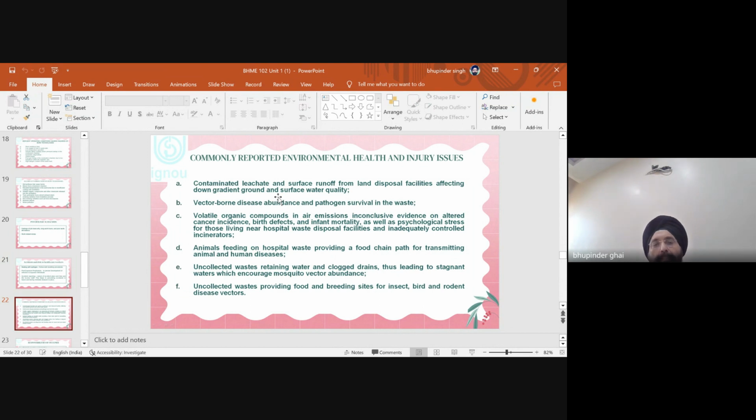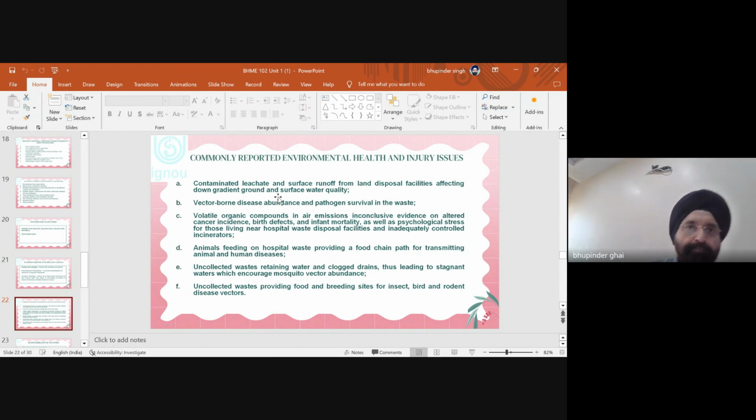In most of the countries, mostly biomedical waste is disposed of in landfill. It is not incinerated and it is not properly disposed of in a sanitary landfill. But in a simple landfill, it is disposed.